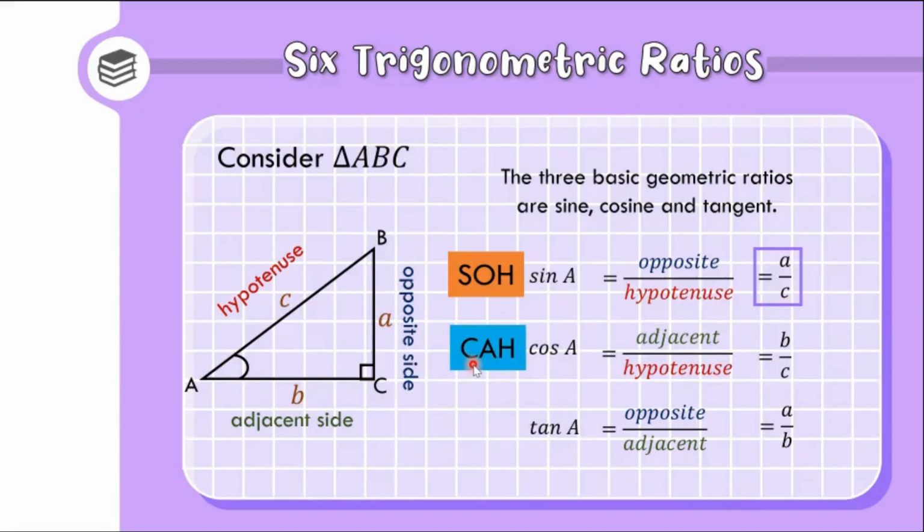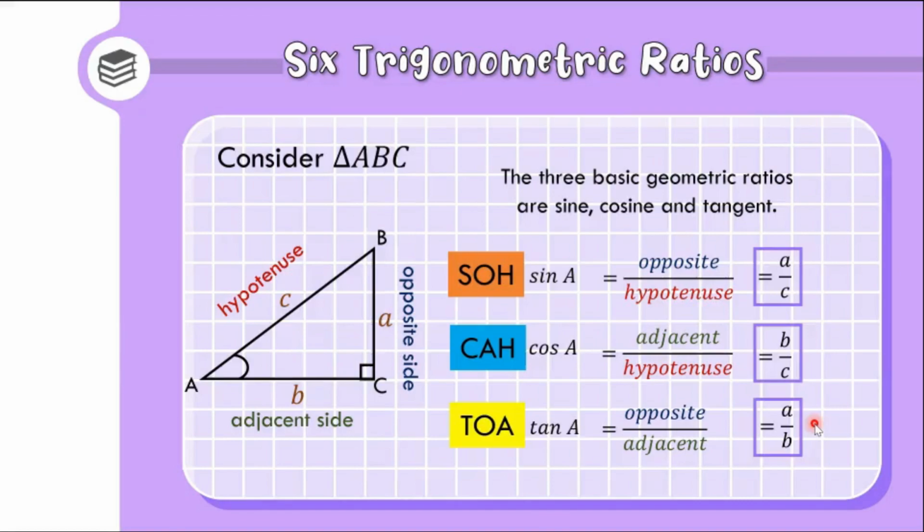It means cosine is equal to adjacent over hypotenuse, such that cosine A is equal to b over c. And for tangent, we will have TOA. It means tangent is equal to opposite over adjacent, such that tangent A is equal to a over b. And these are the first three trigonometric ratios.